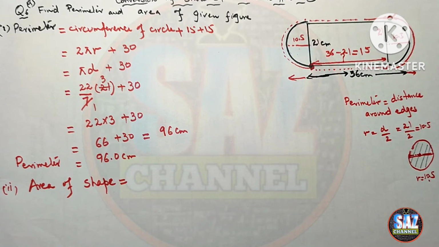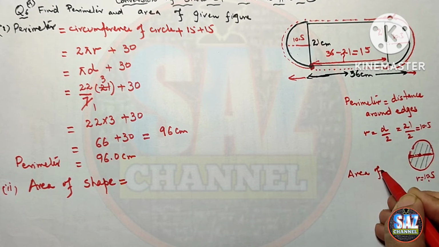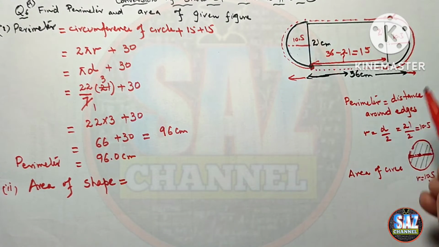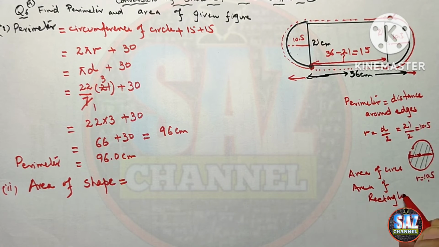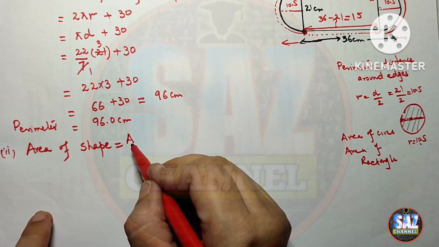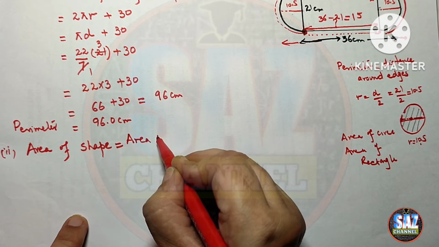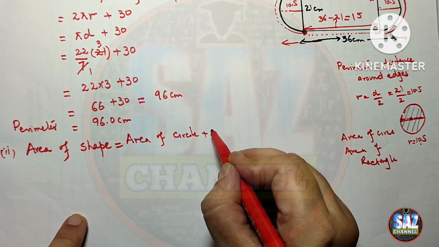So for the area part, area of one circle, and the diagram in between is a rectangle, so area of rectangle. So this will be equal to area of a circle, because two semicircles are joined together to make a circle, plus area of rectangle.